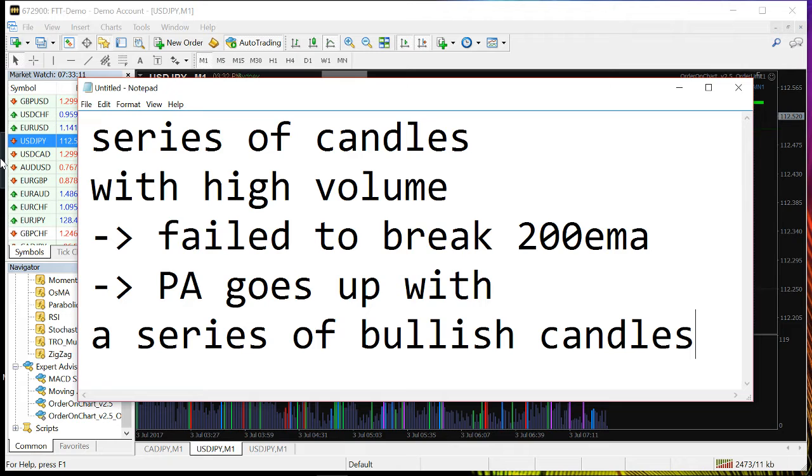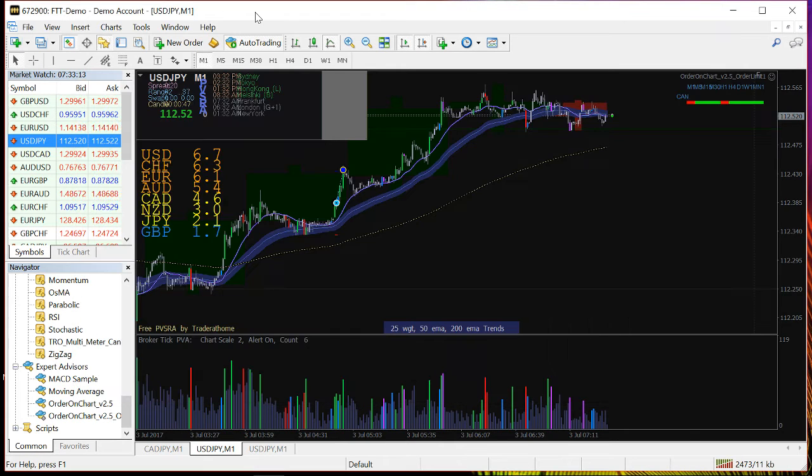Okay, so you have a series of bullish candles with high volume. Okay, so it's a series of bullish candles push price up with high volume because you have the green one. Look at the volume. You have another green one here. Look at the volume. You have another green one here. Look at the volume. And you have prices going up. Okay.